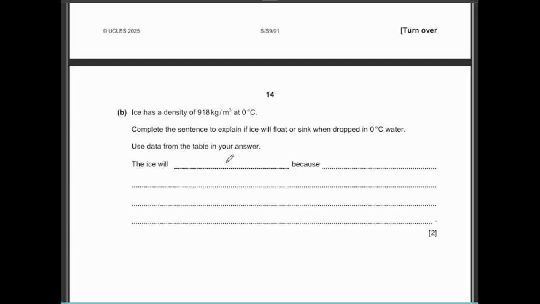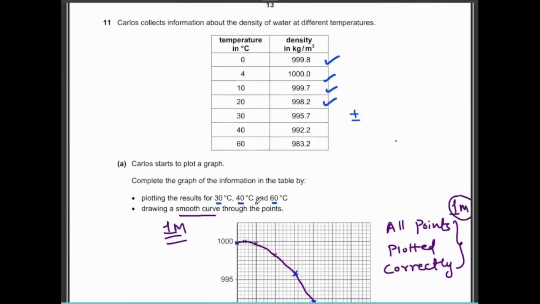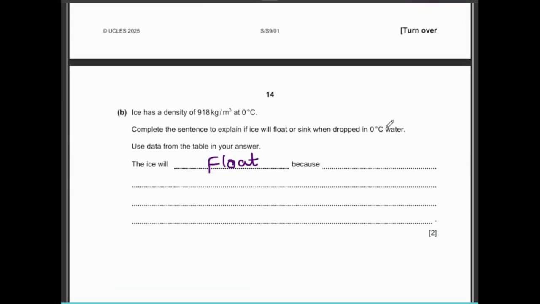Fine, so the ice will of course float, and the reason for this: let's first check our water. At 0 degrees Celsius, water density is 999.8 kg per meter cube. Now check out the density of ice, 918.